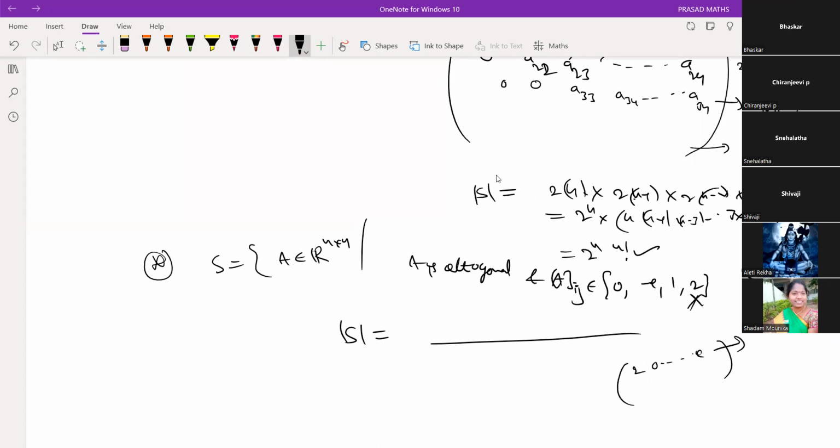Therefore 2 is not necessary. So in how many ways can the orthogonal matrix be filled using the entries 0, 1, minus 1, plus 2? The cardinality of S is 2 power n into n factorial only, because only these entries are needed. I don't require the 2 entry. Therefore, the cardinality of S is 2 power n into n factorial. That's it.